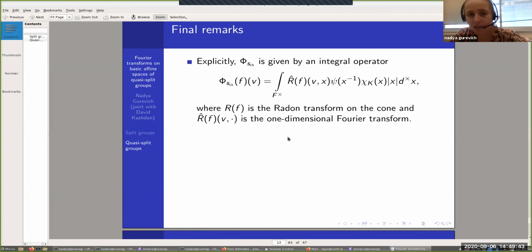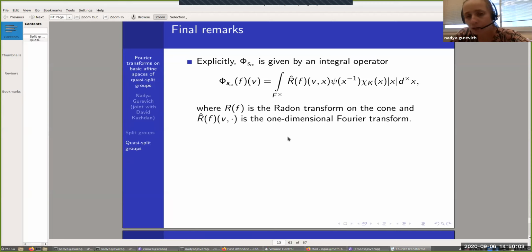And it has not a very intuitive form, unlike the usual Fourier transform. The formula uses the Radon transform, but unfortunately, I don't have time to explain how it arises.